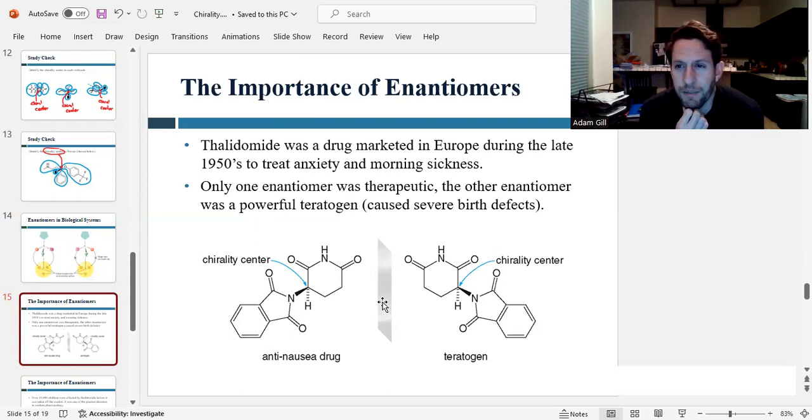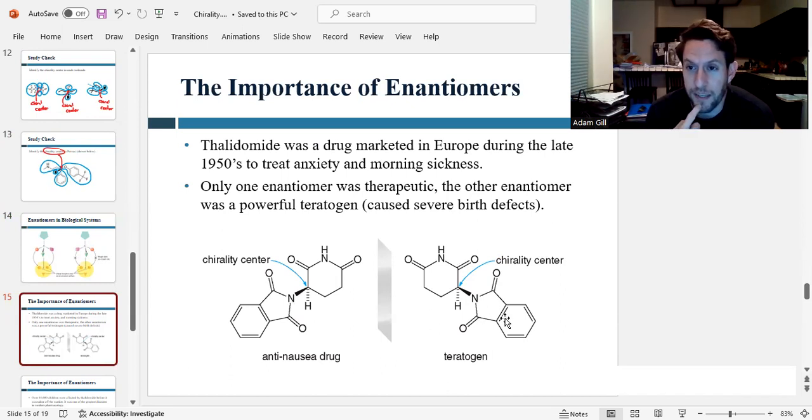And it was an anti-anxiety medication, and they prescribed it to pregnant mothers to cure morning sickness and general anxiety associated with their pregnancy, which worked well, except for the fact that only one version of the drug was the anti-nausea version and fit the receptor, but the enantiomer actually caused birth defects.